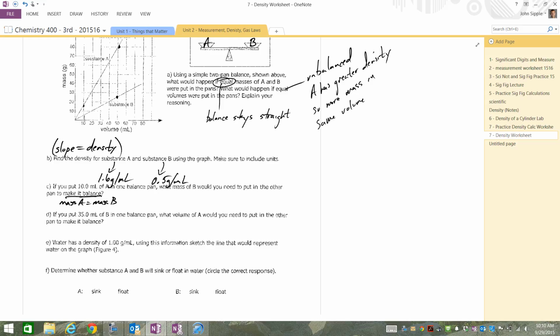I'm on C. Right, so 10 milliliters of A. I'm looking for mass of B. Oh, I gotcha. So you went from here and then went over this way. I gotcha. So you went right here, about 30 milliliters. Okay.